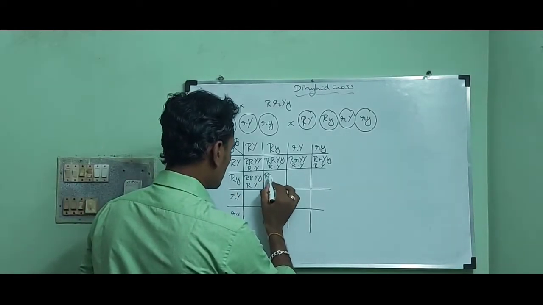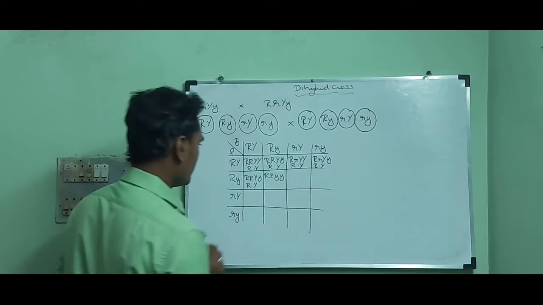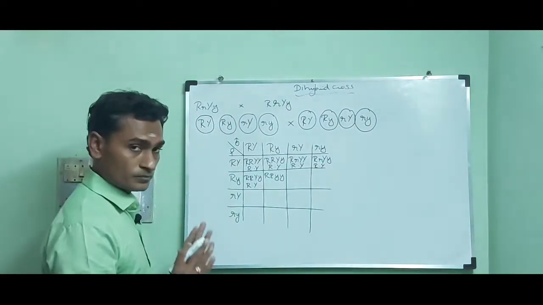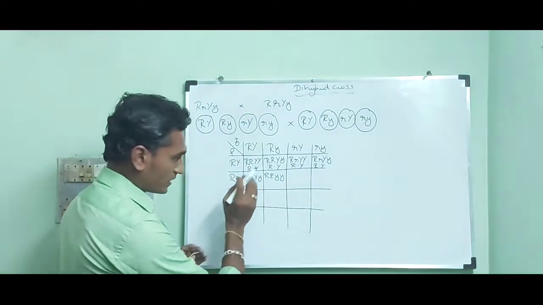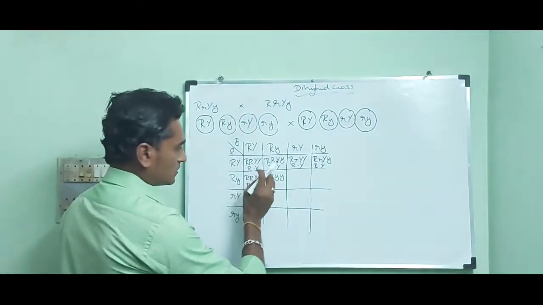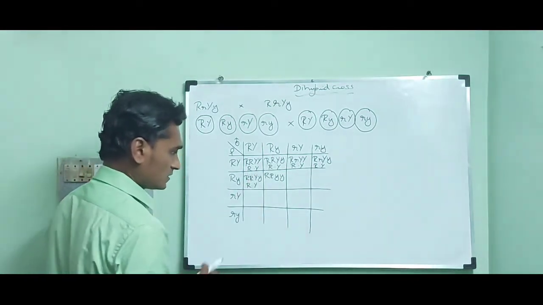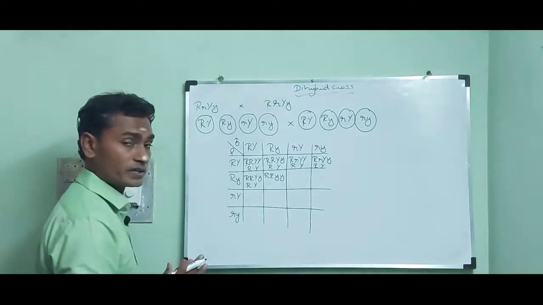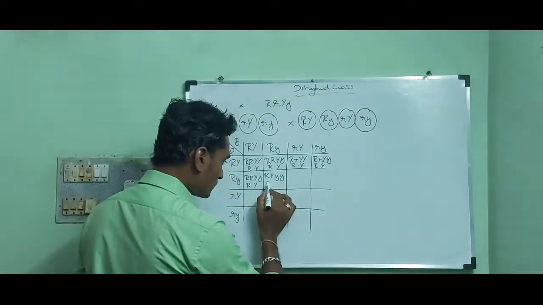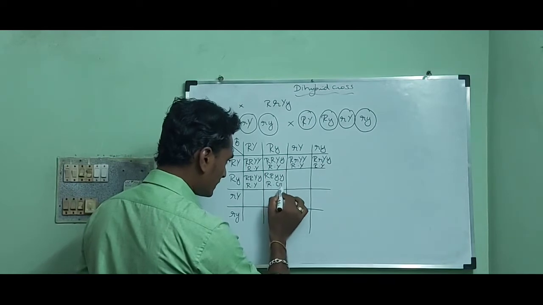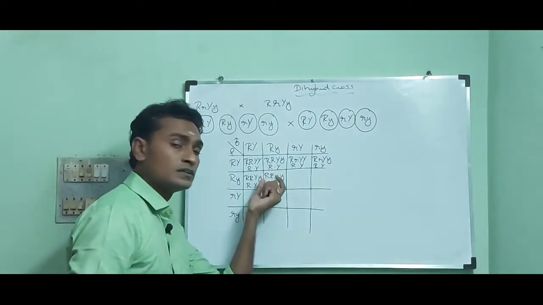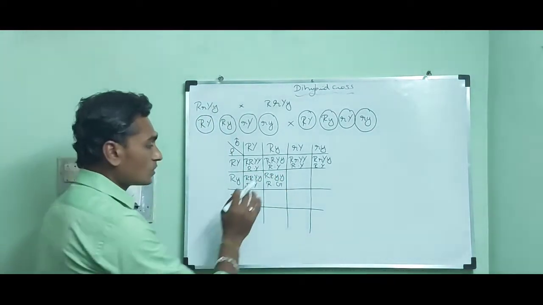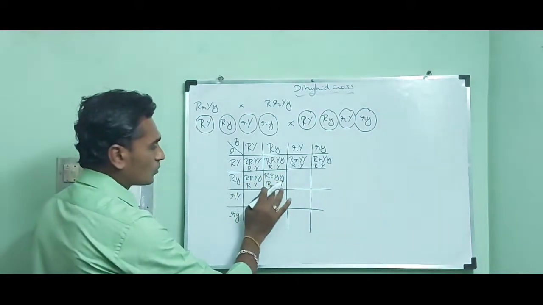Capital R, small y. Here we have to carefully write the phenotype of the young one, because capital R, small y means it shows the phenotype round green, because here we have recessive alleles, so it shows round green.